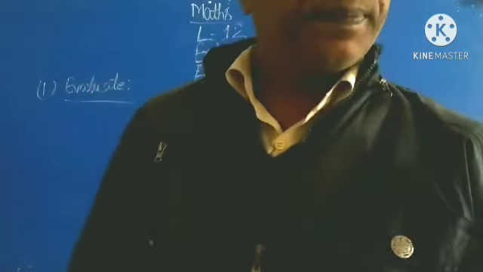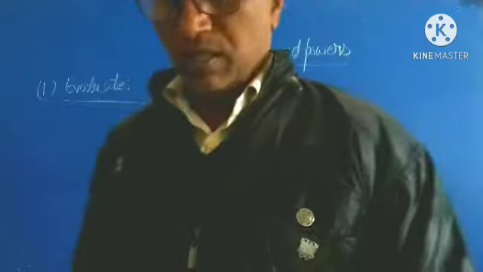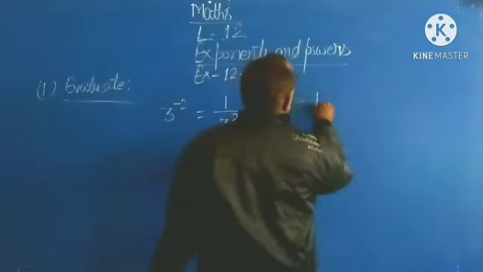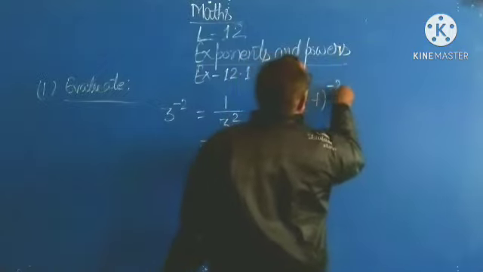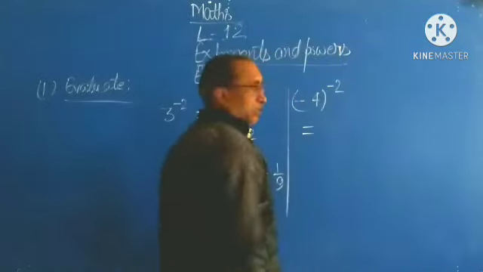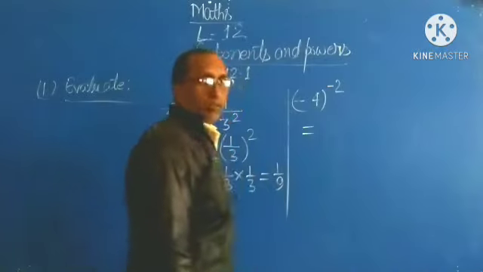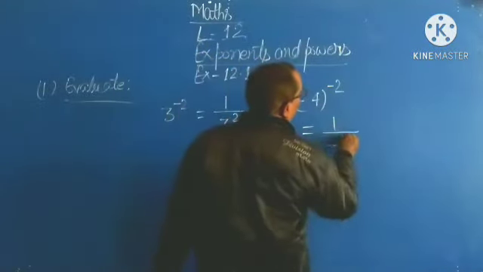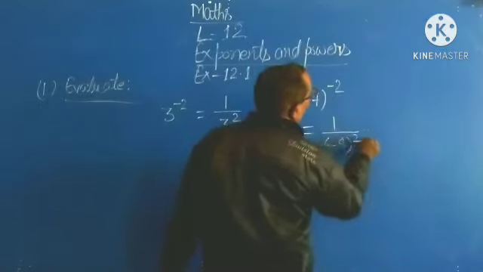Second part is minus 4 raised to power minus 2. You write it in a positive notation. You write 1 upon minus 4 to power 2.